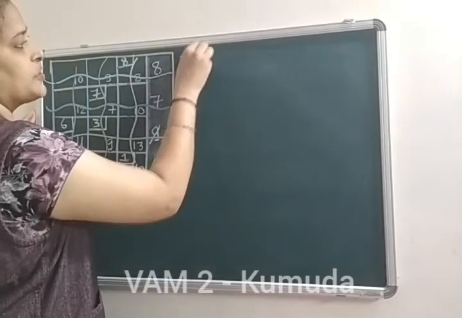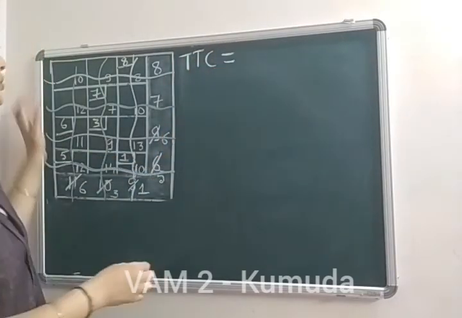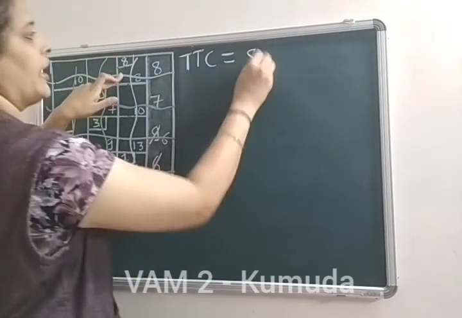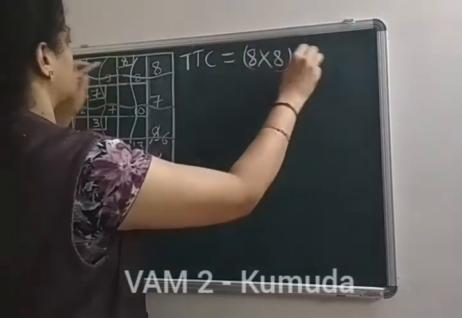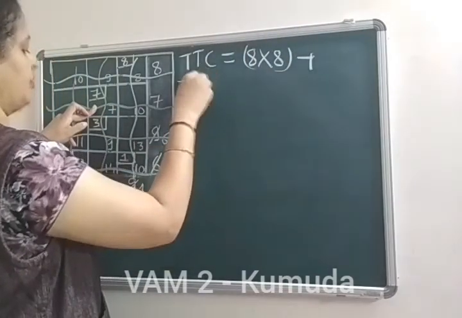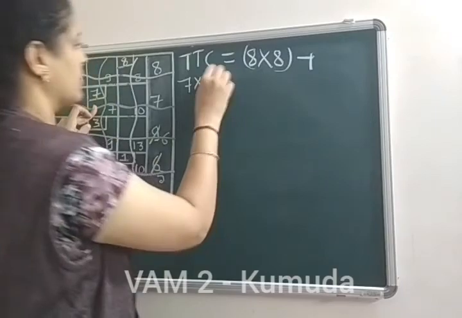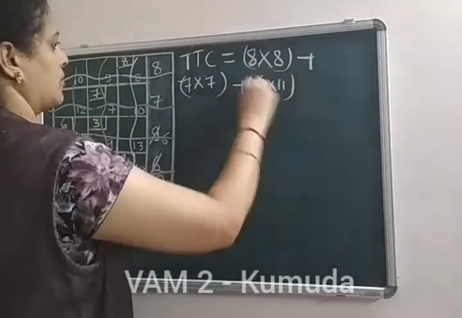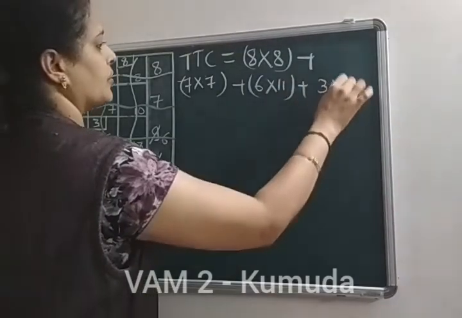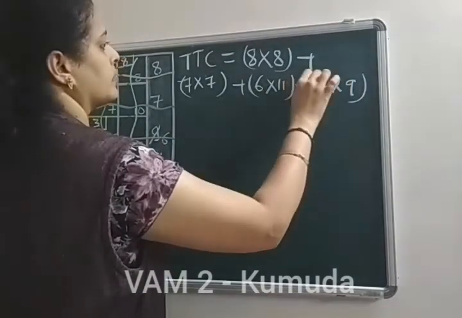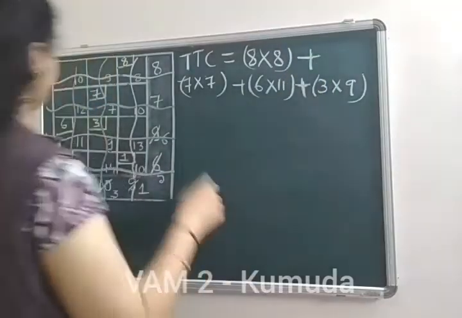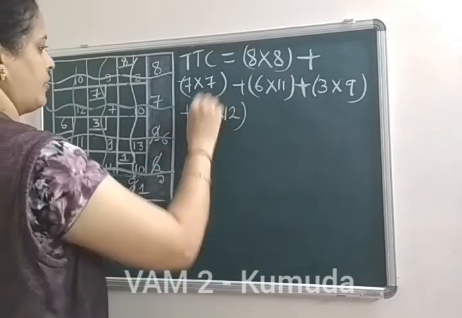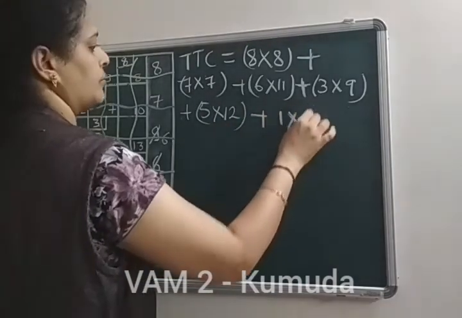So the total transportation cost for this problem is, as usual, we are supposed to consider only the cell with the allocation. So it starts with 8 into 8 plus we have 7 into 7, yes, 7 into 7 plus 6 into 11 and plus 3 into 9 we have 5 into 12 and 1 into 10.